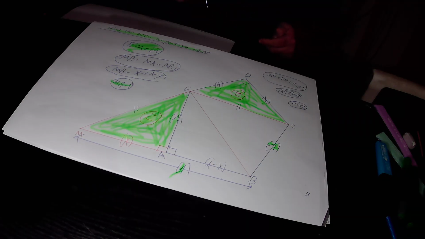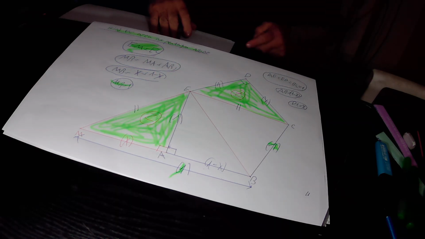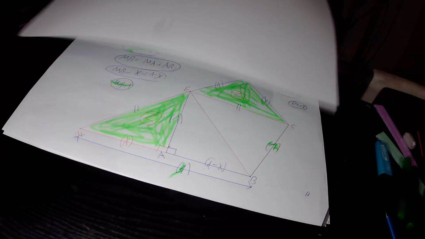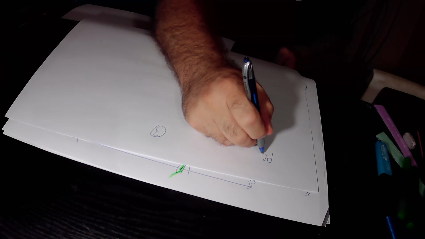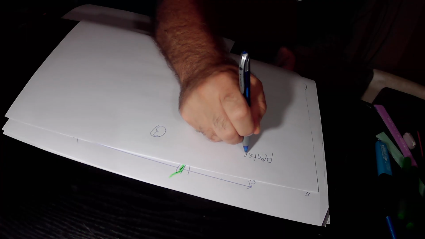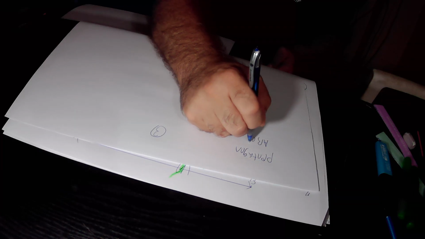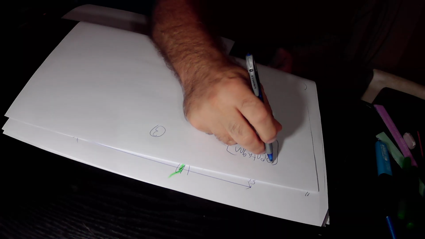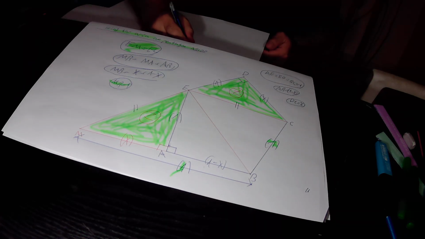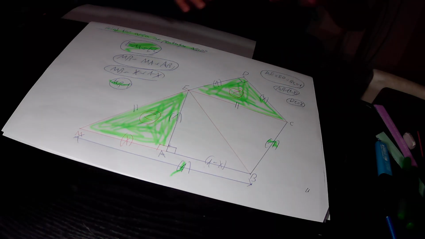Our task is to find out the area of this big pentagon ABCDE. So what is the area of the big pentagon ABCDE? Actually, the area of the big pentagon must be equal to the sum of the areas of the two shapes that it consists of.